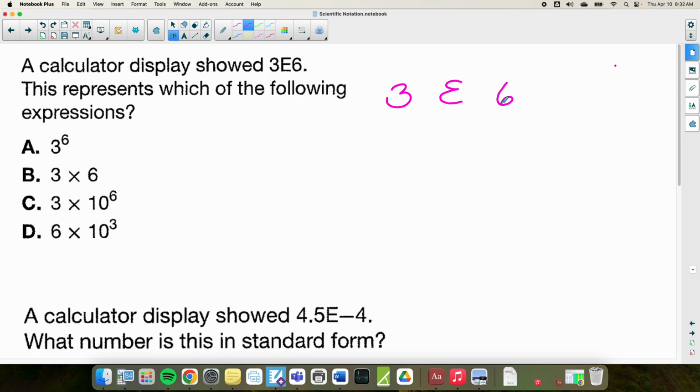And what that means is 3 times 10, and this is the exponent of your 10, okay? Did you learn that already? Did you guys know that? Okay. So now, they want you to take that and say which one it is, and that's this one right here. So it's like 3 times 10, and your exponent on the 10 is your 6.